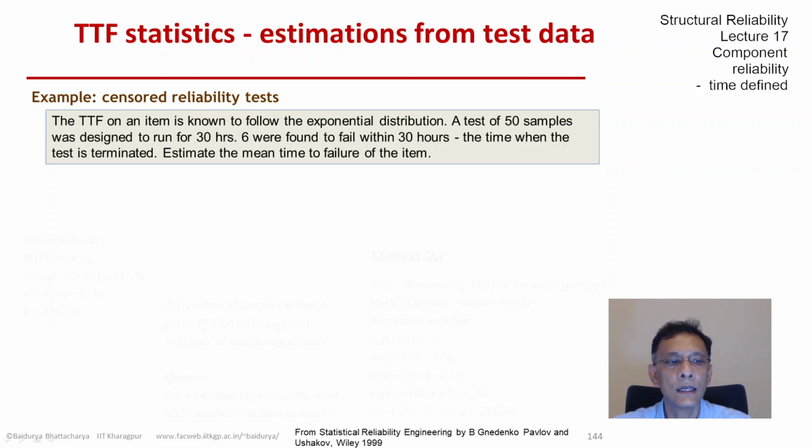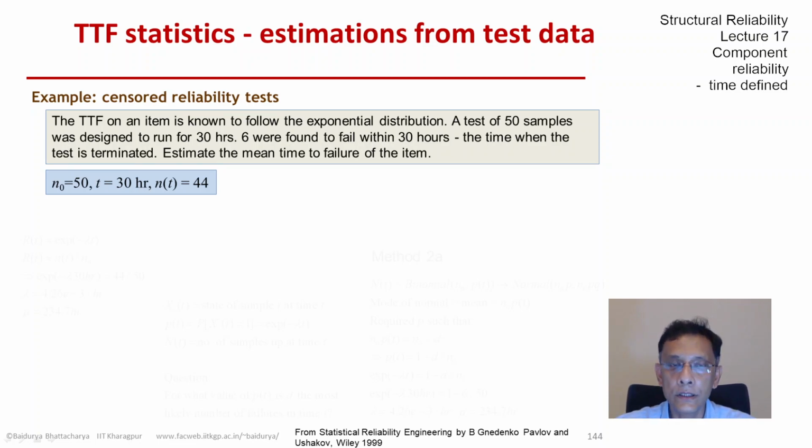So what options do we have? There are two ways that we could proceed. So n0 is 50, t is 30 hours, and n of t is 44. That much we know, and that's the only thing we know. Except beyond that, the time to failure is exponential.